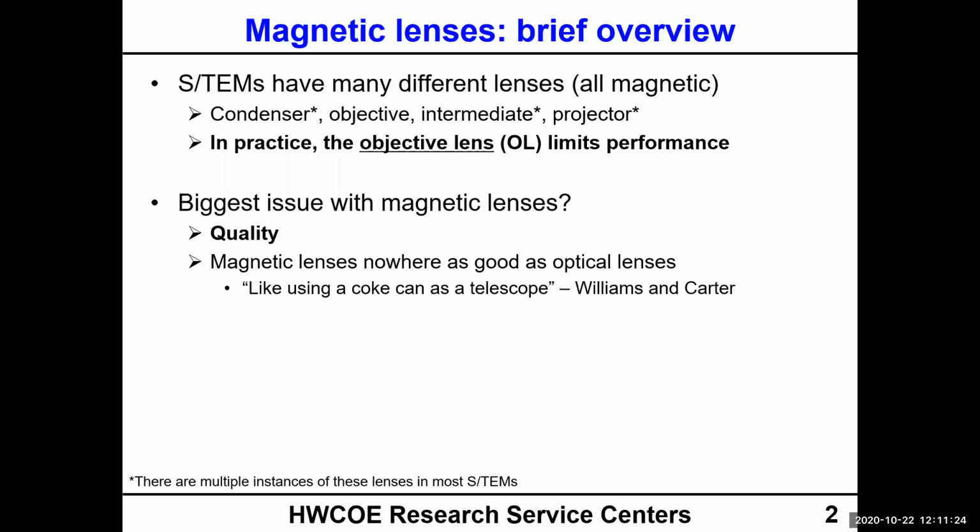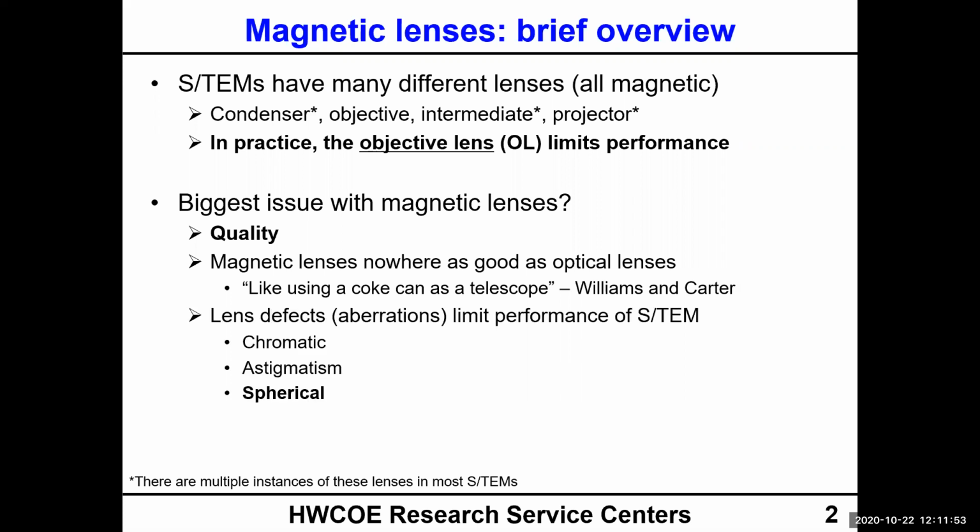There's a very good simile in the Williams and Carter textbook on transmission electron microscopy: using a magnetic lens for microscopy is like using a Coke can as a telescope. These are just not very high quality lenses.